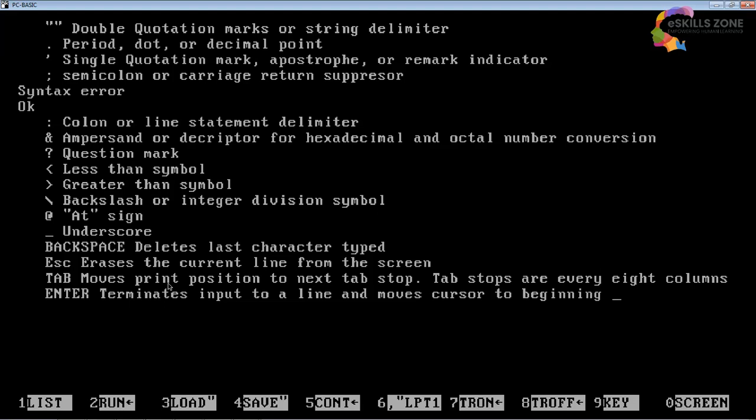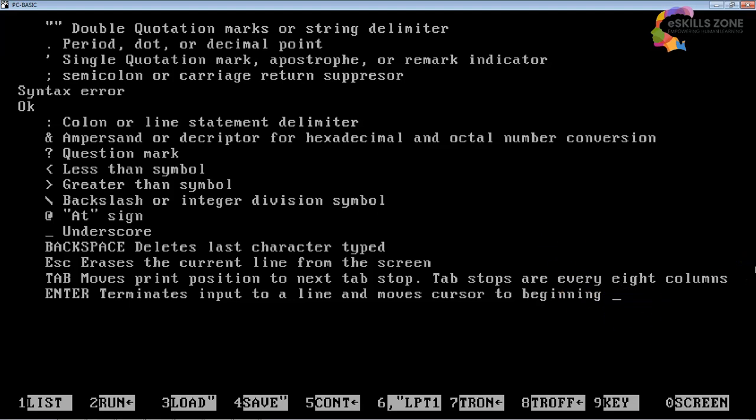So what is the cursor actually? The blinking position you can see is called the cursor. It is used to indicate that we can write from here. So it's very important to note the name of the cursor, the blinking underline. From here it indicates that we can start typing from that specific place.